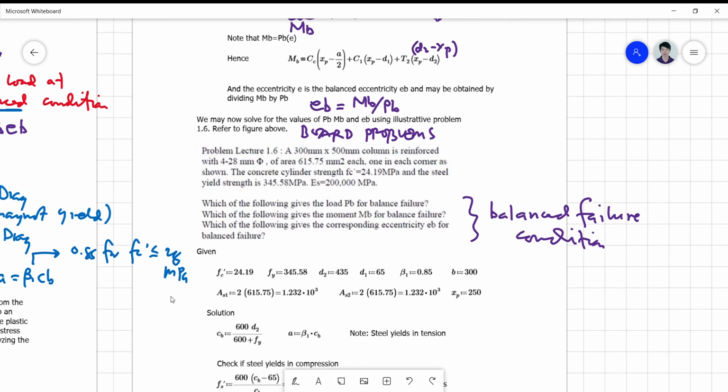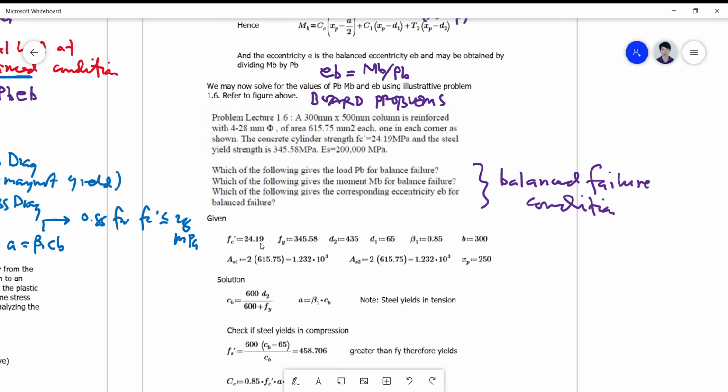So I use a math guide here, so I take the given values 24.19, 345.58. So these are directly given, okay.